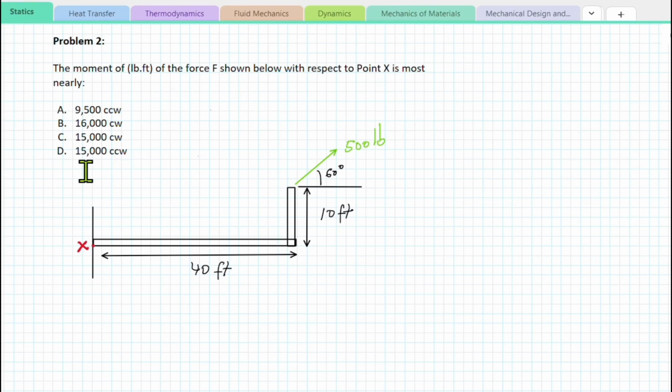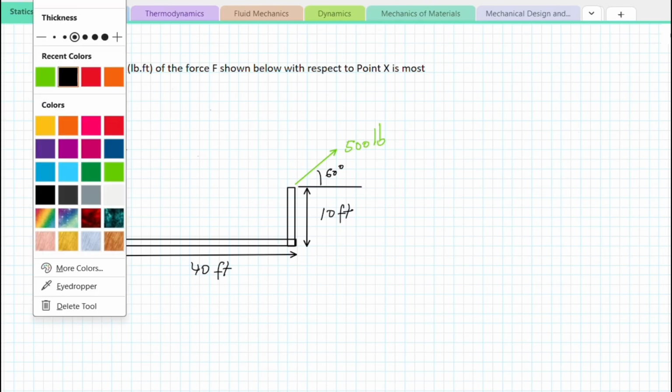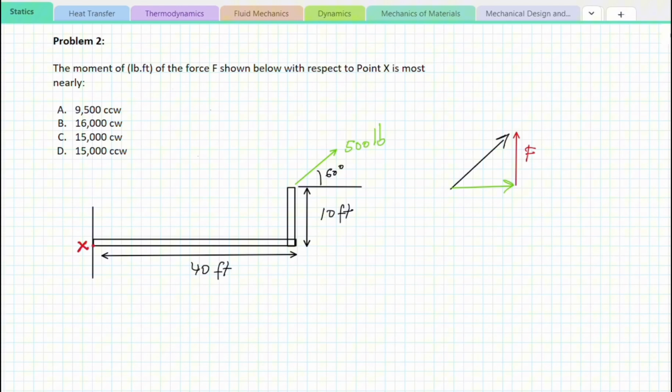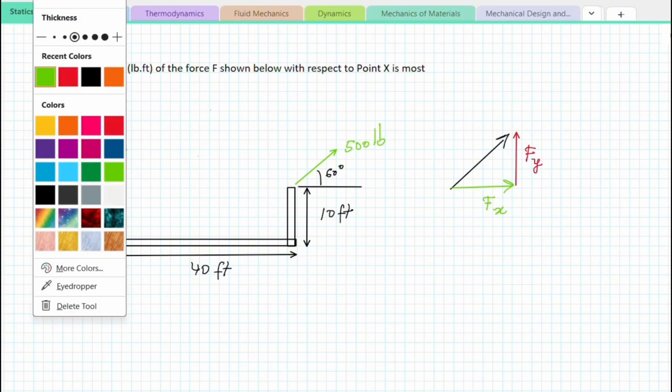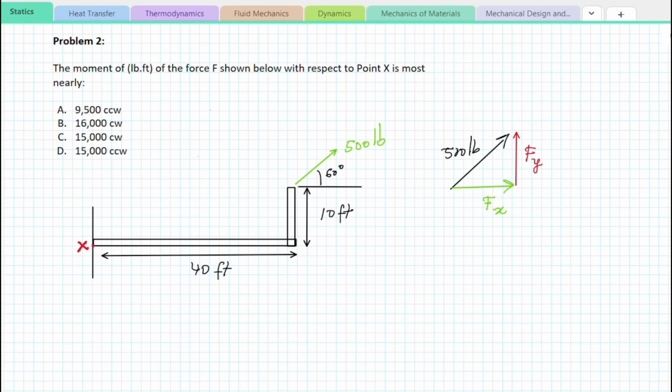So quickly we're going to draw the triangle here. This will be Fy, this is Fx, and that is the 500-pound force. And obviously we have a 60-degree angle there.